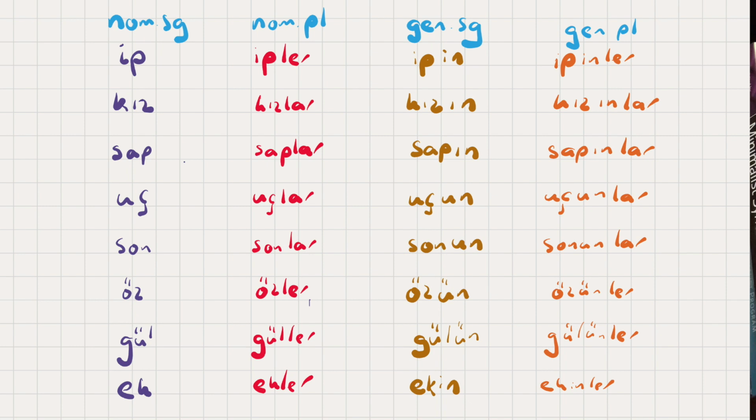Now, Turkish has a lot of suffixes. It has, for instance, also case endings. And in the third column, you see the genitive ending. And here you can see that for the genitive, it's even stronger. So the genitive has an I, an U, and an U form. It has 4 different forms. And these 4 different forms correspond to front and back forms, for instance, I and U. It has rounded and unrounded forms.